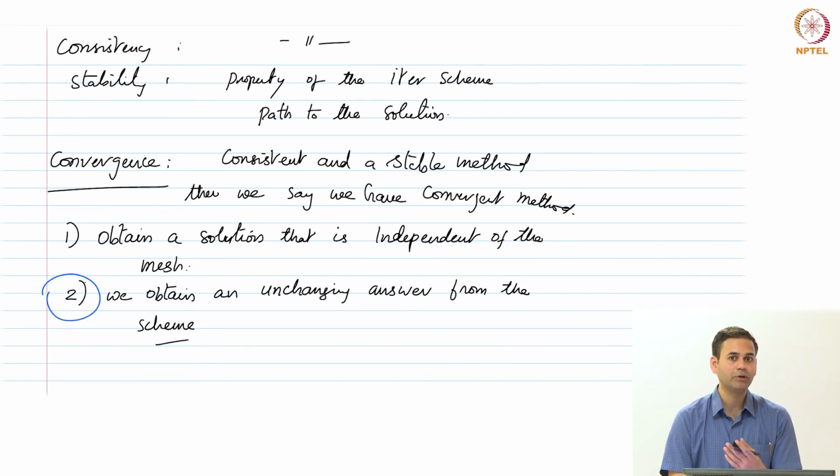The solutions you obtain from 1000 and 2000 may not be very different. That means we have converged onto a mesh independent solution. So, these are the four concepts: accuracy, consistency, stability and convergence. All these properties we will make use of as we go along, and also the Scarborough criteria that we have discussed in the context of iterative schemes. Okay. Thank you.